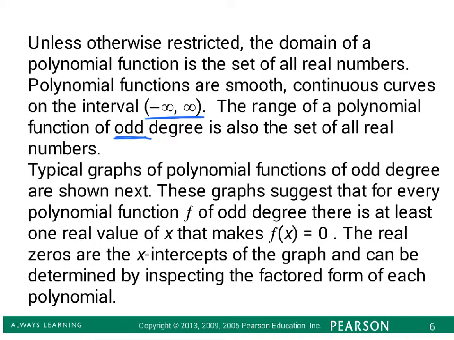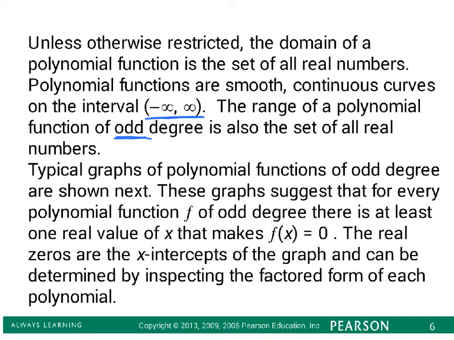But the range of odd degree functions of a polynomial is also the set of all real numbers. So if you have odd degree polynomial, the range and the domain are going to be the set of all real numbers. It's a little bit different with even degree functions, and we'll take a look at those here in a little bit. But also about odd degree polynomials, you'll see that in the next couple of slides whenever I show you some examples of odd degrees.